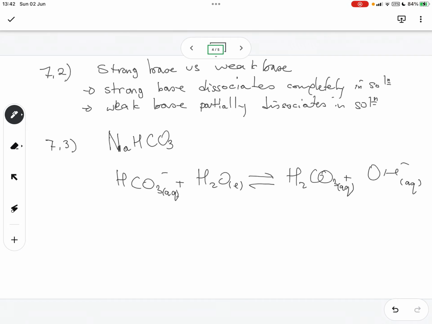Okay. A learner wishes to identify an element X in the hydrogen carbonate. To do this, the learner dissolves 0.4 grams of XHCO3 in 100 cubic centimeters. So this one goes to concentration, ne?